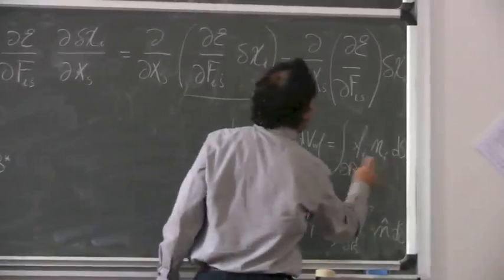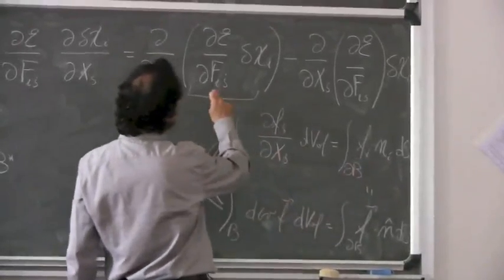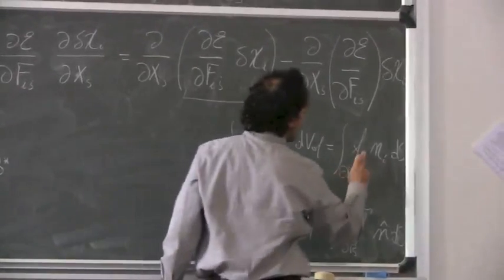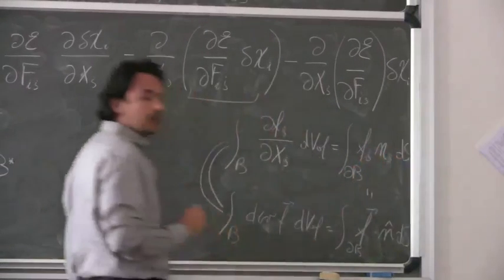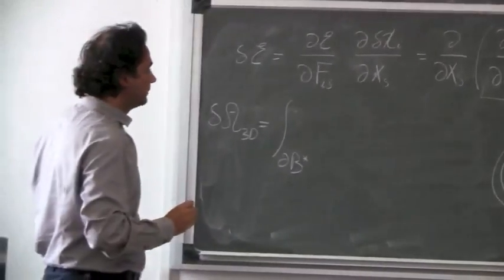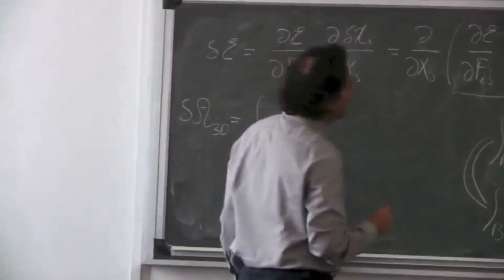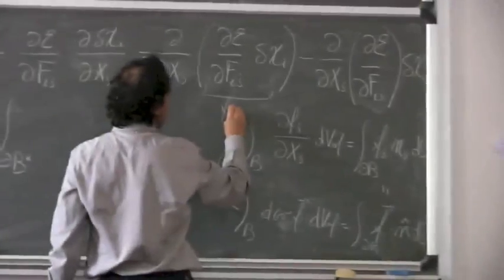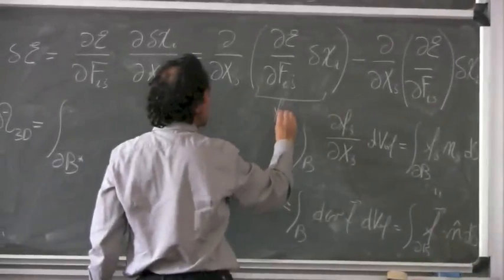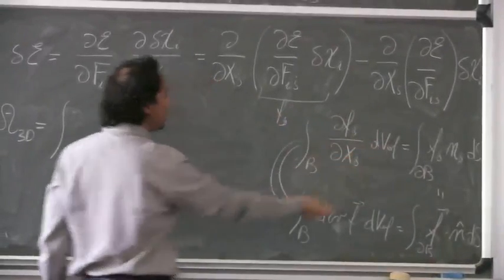I mean, because here I have the repeated index i, I can change the symbol from i to j, so that fj is this, and this is my fj in the application of this theorem.